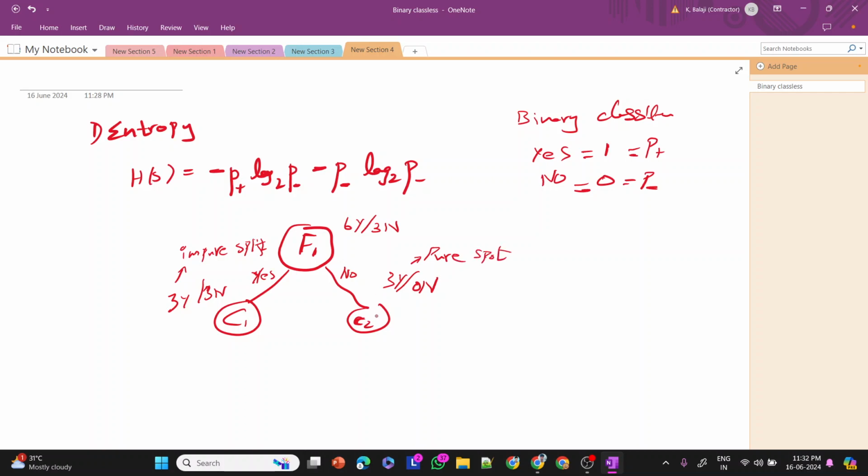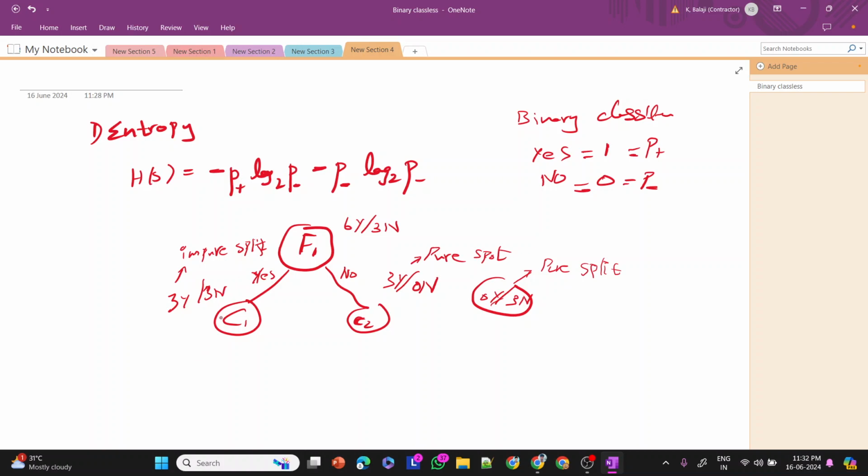Because C2 has exactly 3 yes and 0 no's, or whenever it has 0 yes and 3 no's, this node also comes under pure split, because there is no mixture of classes.